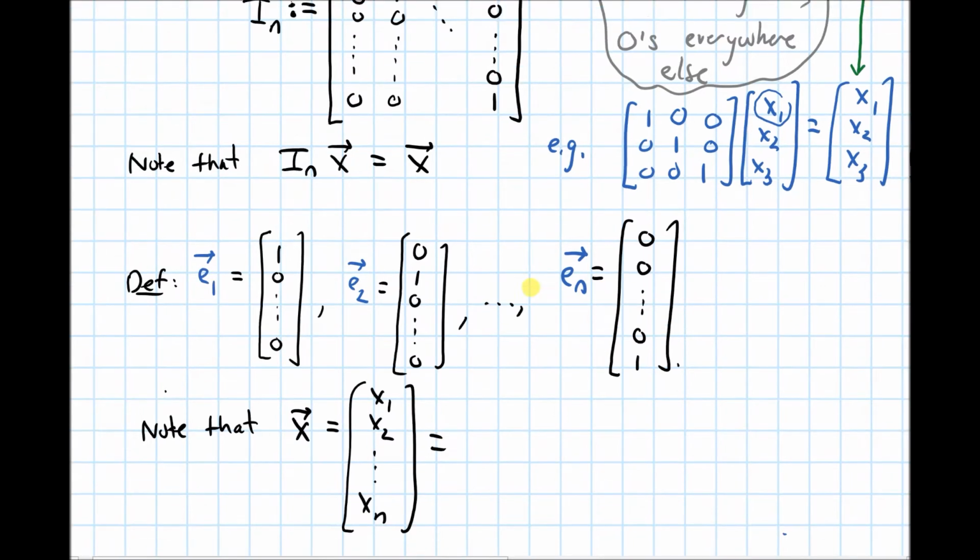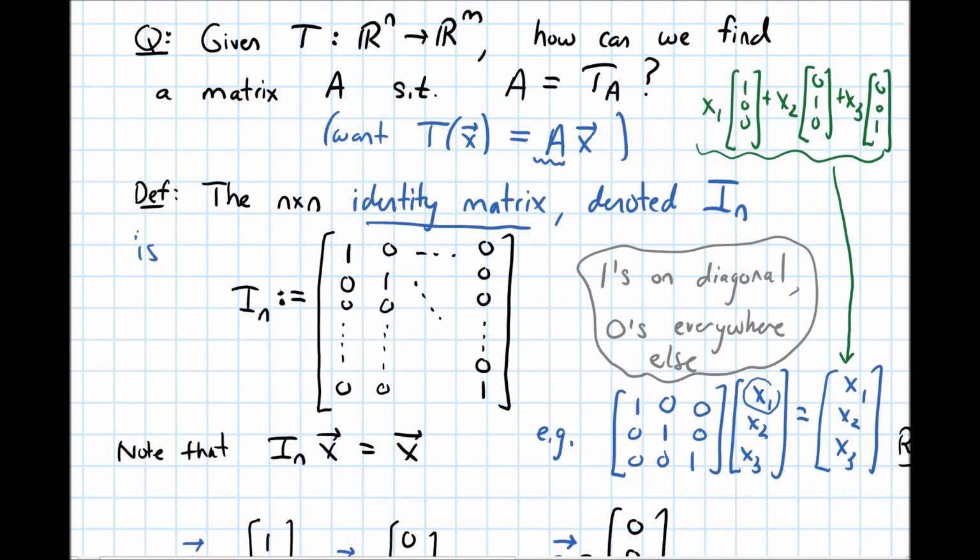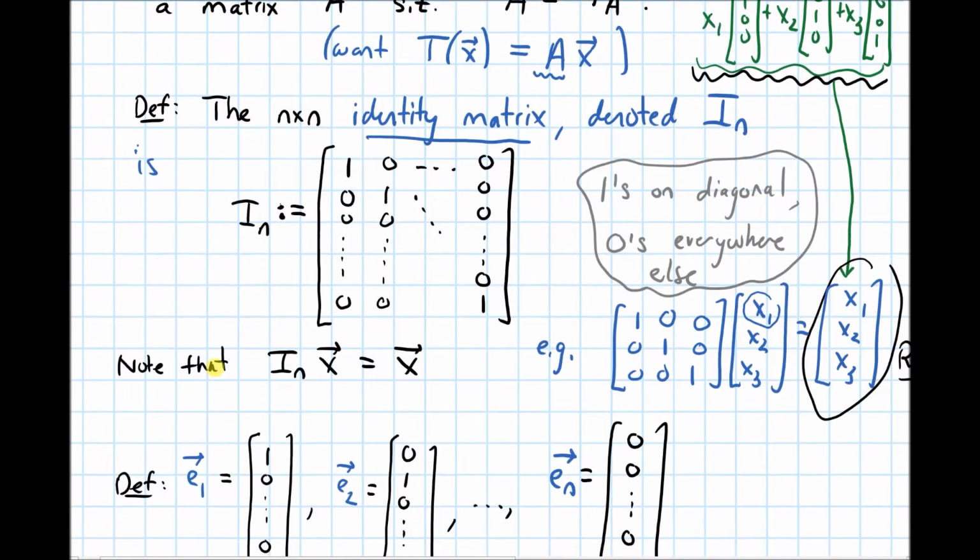We sort of saw that up here. We had this vector x, and we wrote it as a linear combination of the columns of the identity matrix. So I'm going to use that same idea.